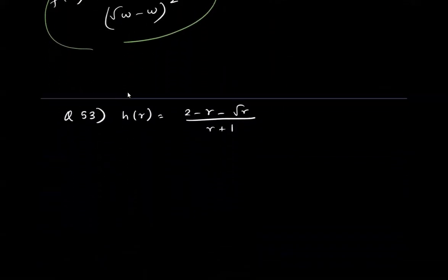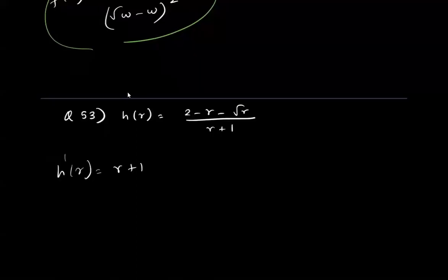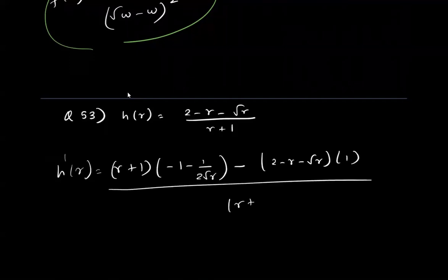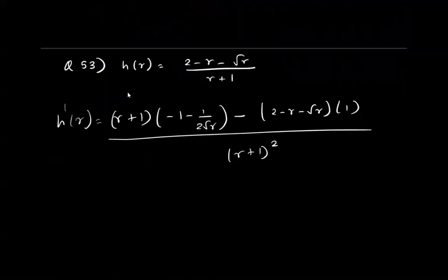Now again, I'm going to use my quotient rule. Take the denominator times the derivative of the numerator, minus 1 over 2 root r, minus keep the numerator times the denominator derivative, all over this. I distribute, I will have negative r minus 1/2 root r, correct?